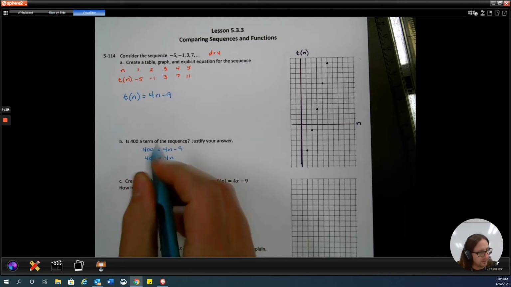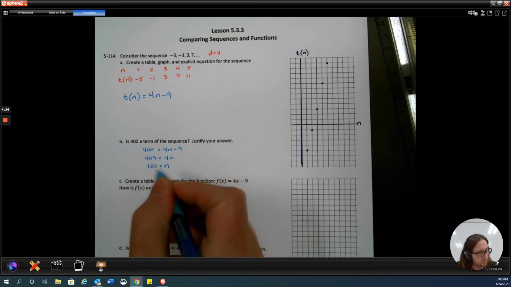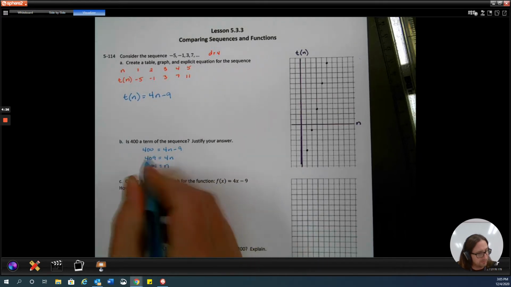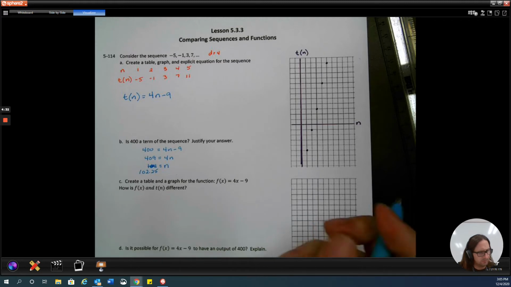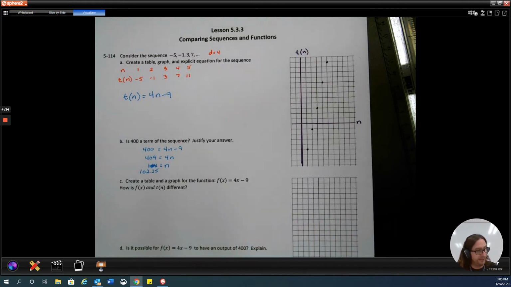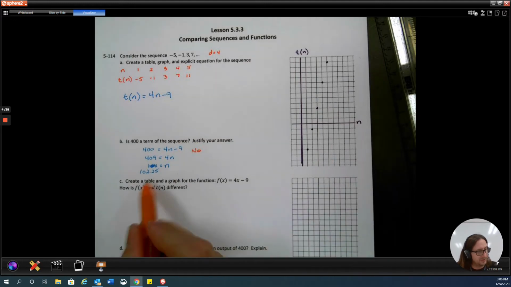Okay, so now I'm going to divide. 4 goes into that once, 0, twice. We're going to get extra numbers. I need extra parts here. So 102.25 because I had a remainder of 1. So we're going to say no. Why is it no? I got an answer, but my answer is not a positive integer.